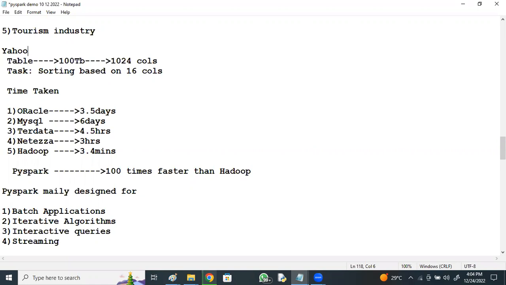That is the speed of Hadoop. But compared to Hadoop, Spark is 100 times faster.